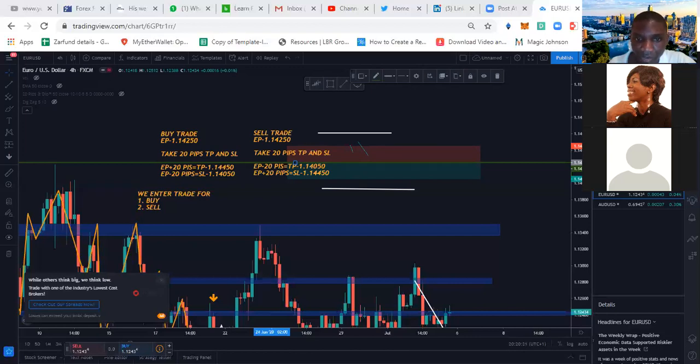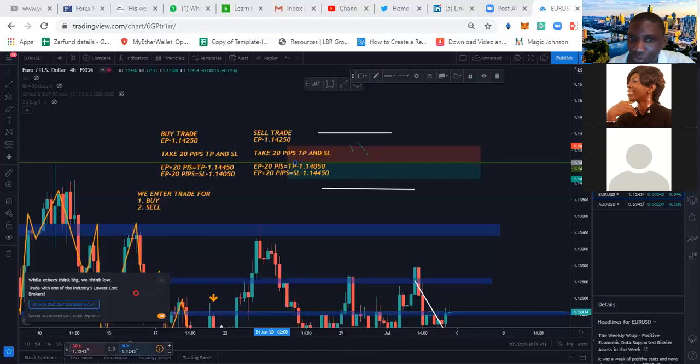Whenever you see a green candle followed by a red candle, a green candle formed and went up, a red candle started and came down, that is a bearish railroad. What that means is that price is likely going to come down after this railroad.